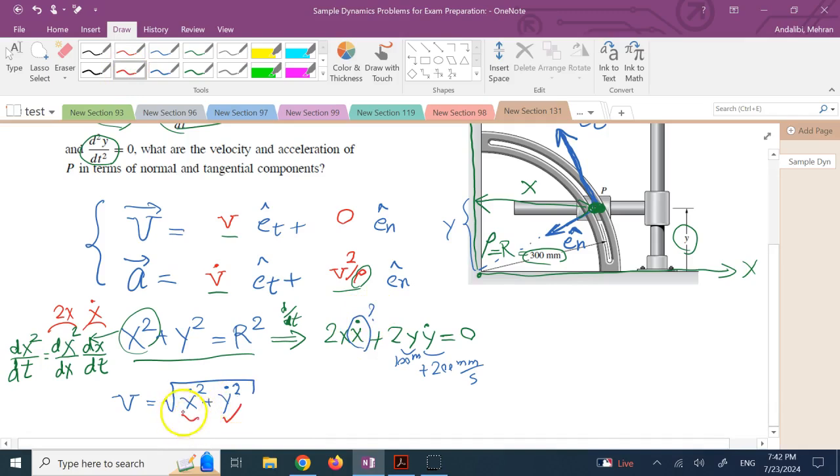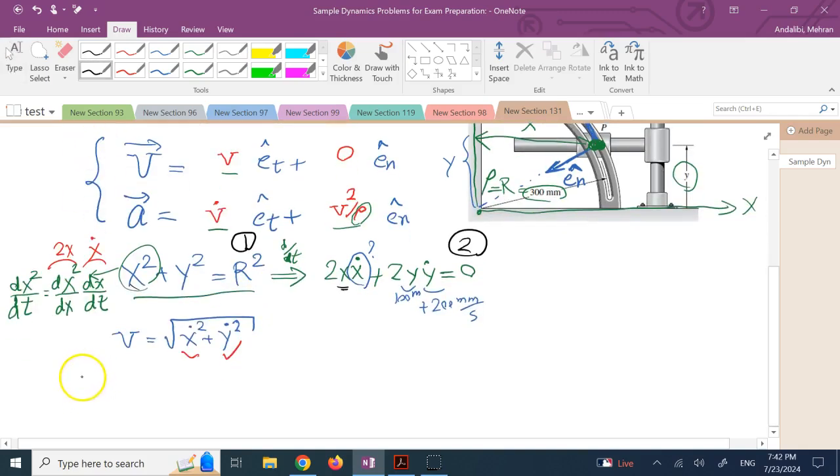If I want to find this x dot, I have to find it through this equation. And it's always a good idea to write in a nice way so somebody can follow. So this original equation, I call it equation 1. And this time derivative version of that, I call it equation 2. Now, clearly, if I want x dot out of equation 2, I also need to know x at that location. And to find x, I need to use equation 1.